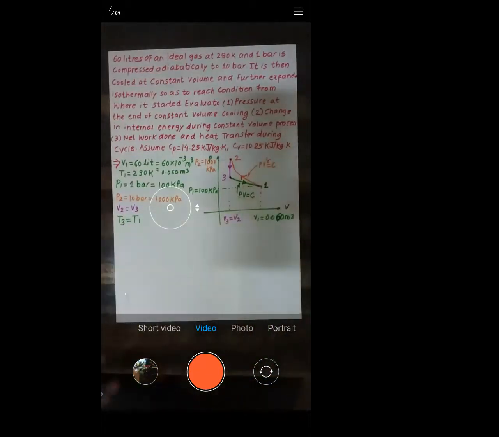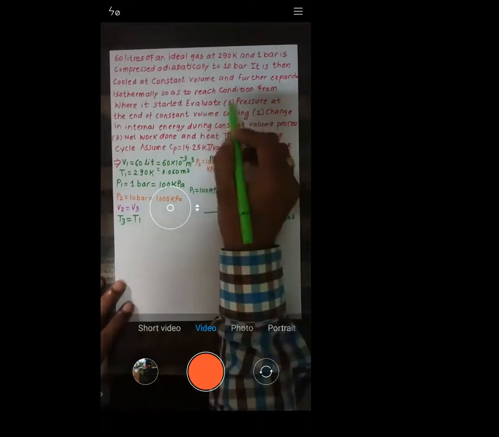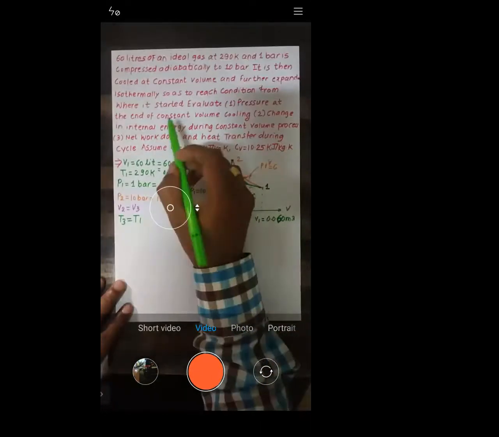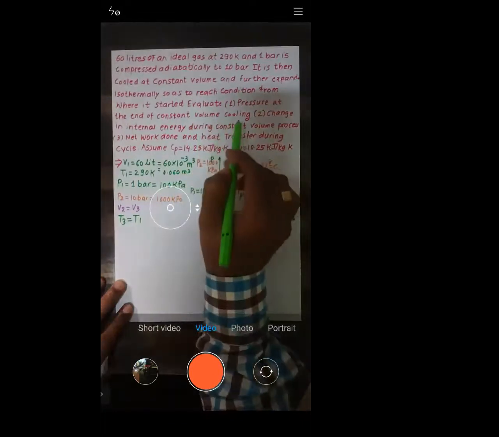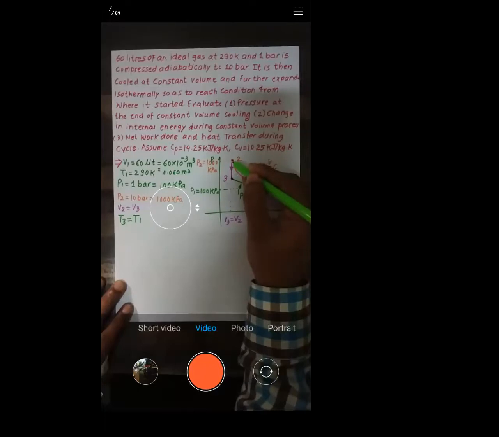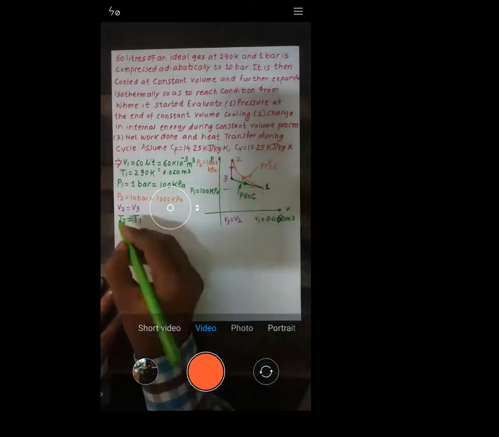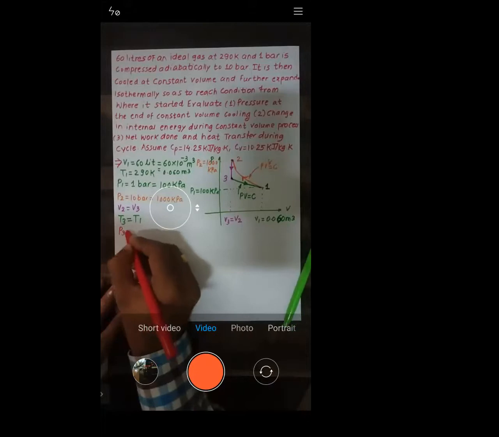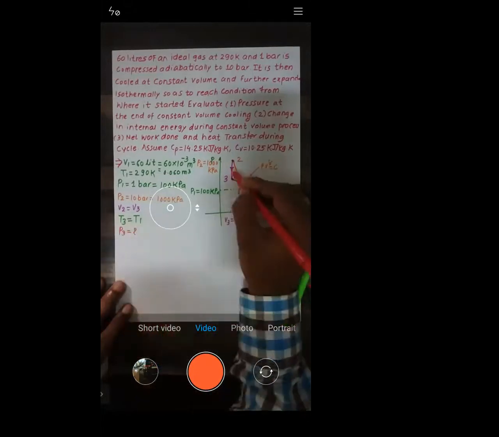Now, what they're asking is to evaluate the pressure at the end of constant volume cooling. Constant volume cooling is 2 to 3. They're asking what is the pressure at the end, so they want to calculate P3.